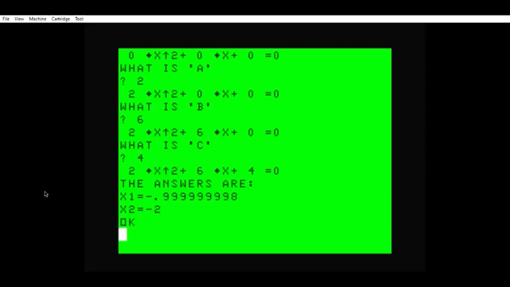Yes, and I did. That's not an 8, that's a 2. That should be a 2. I don't know why I have an 8 there. It should be x plus 2. So x2 would equal -2.